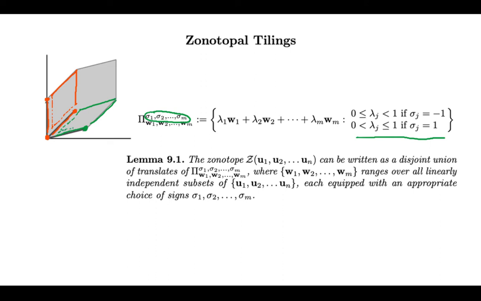One that sits on top of this half-open line segment here, and the other one that sits on top of this half-open line segment up on top. Of course, this is only an example, but it gives you an idea how to construct a proof of Lemma 9.1 in detail, and you can read those details in section 9.2.